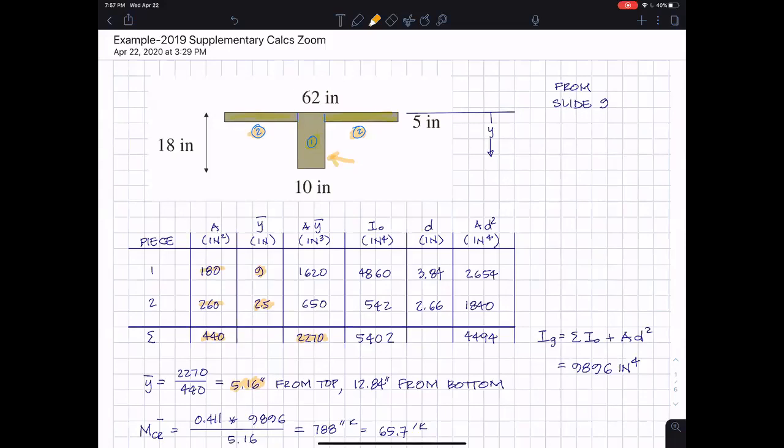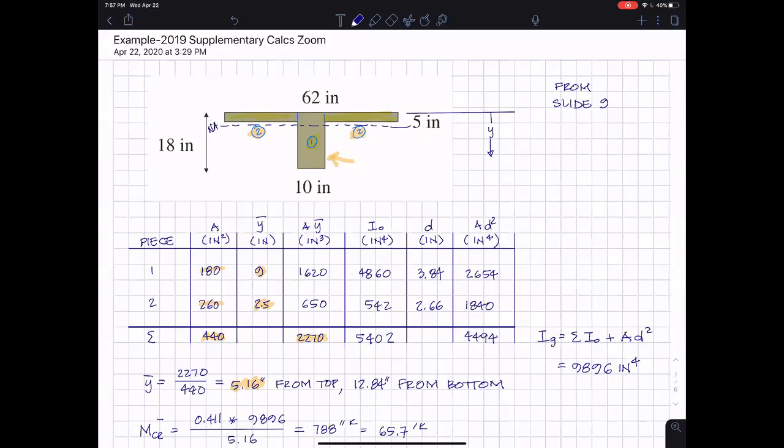And then what I need to do is from the centroid, so let me see if I can sketch that in, 5.16, so just below the bottom of the flange is the neutral axis. And what you need to do is find the distance D of each of these 2 rectangles from the neutral axis.